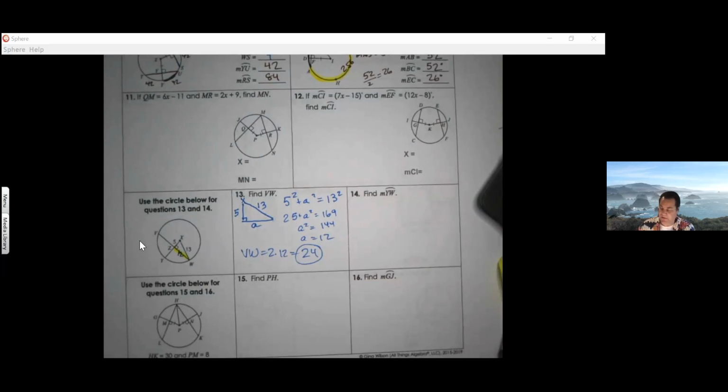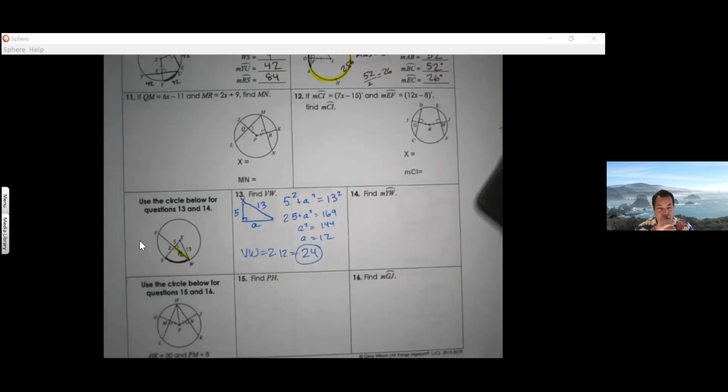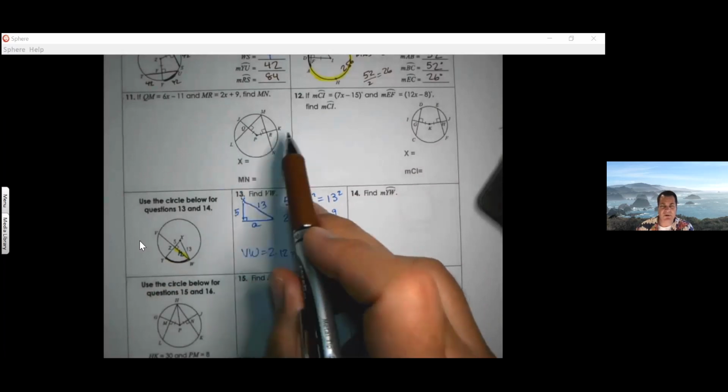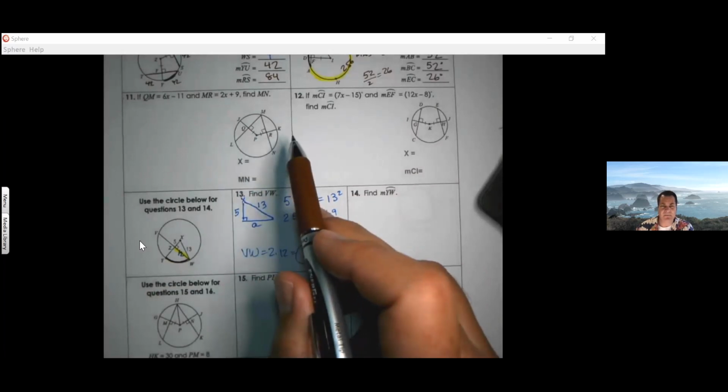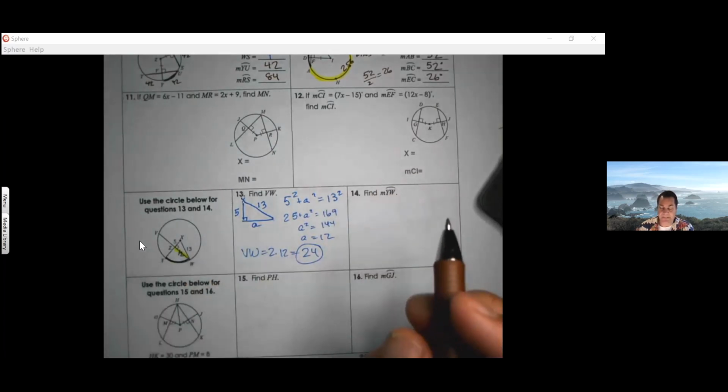Now, this one's asking about the arc measure. So we're looking for the measure of YW. It's an arc. What information do we need to be able to find the measure of that? Again, they're not going to give us two congruent corresponding arcs and make them set equal to each other algebraically, because there's only this one.